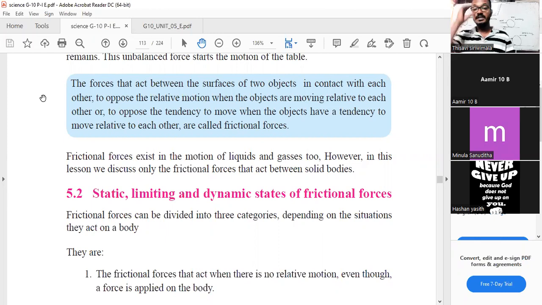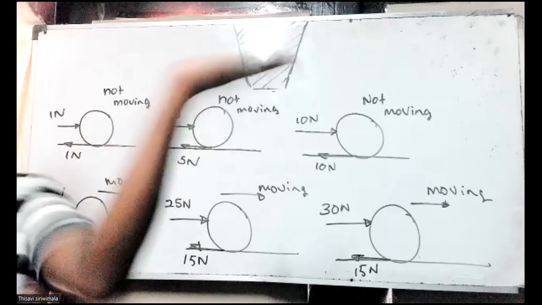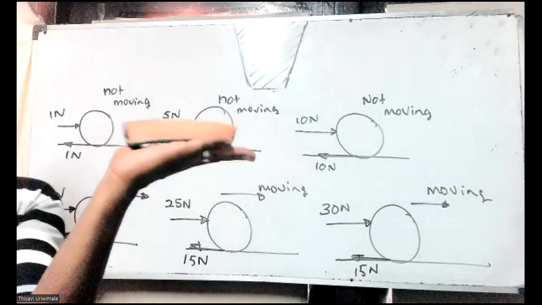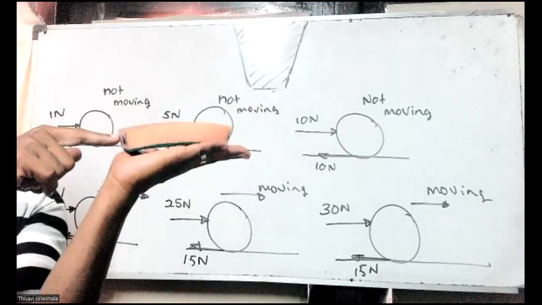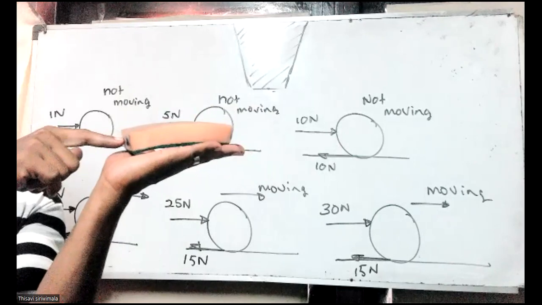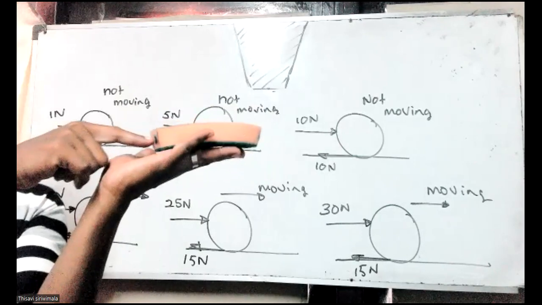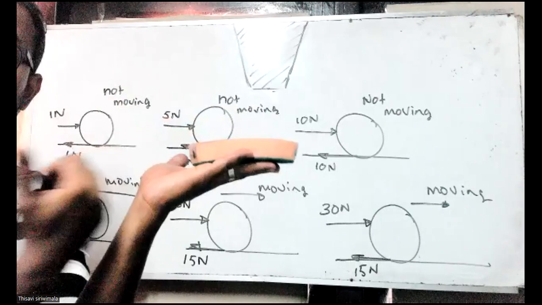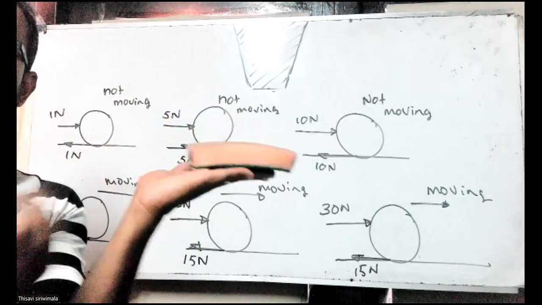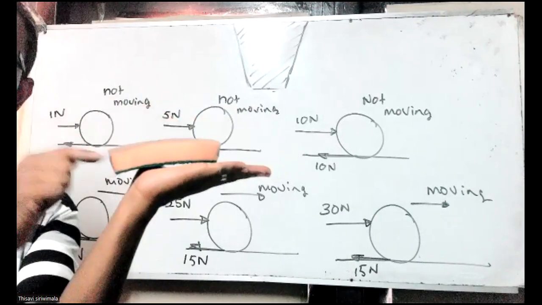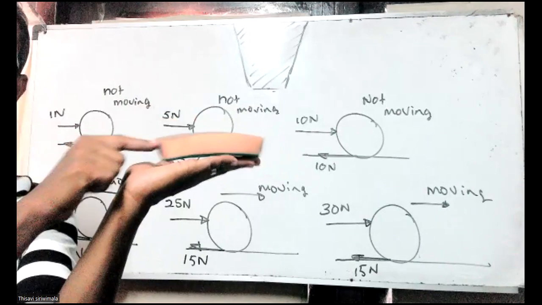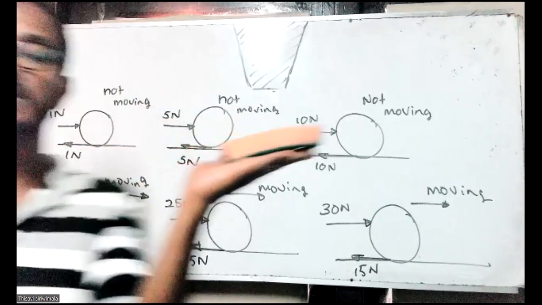So that is the definition for friction. The meaning is something like this. Now, if there is an object which is kept on the table, I am applying a force and moving it. When I am moving it, there will be a frictional force created opposite to the motion. If it is moving in this direction, friction will be in the other direction.